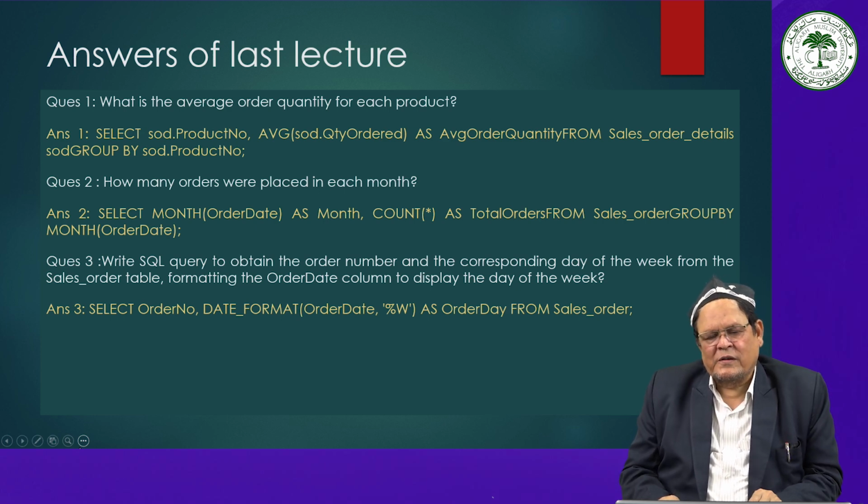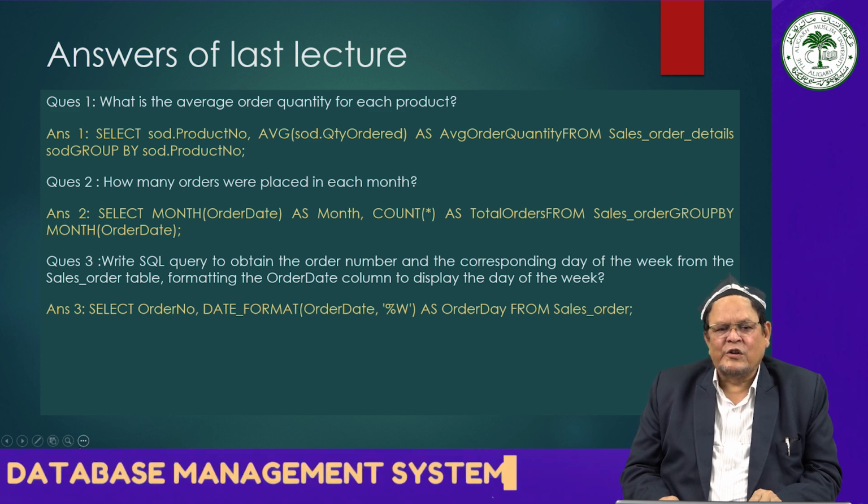That was the answer, and the question would be like that: write an SQL query to obtain the order number and the corresponding day of the week from the sales order table, formatting the order date column to display the day of the week.